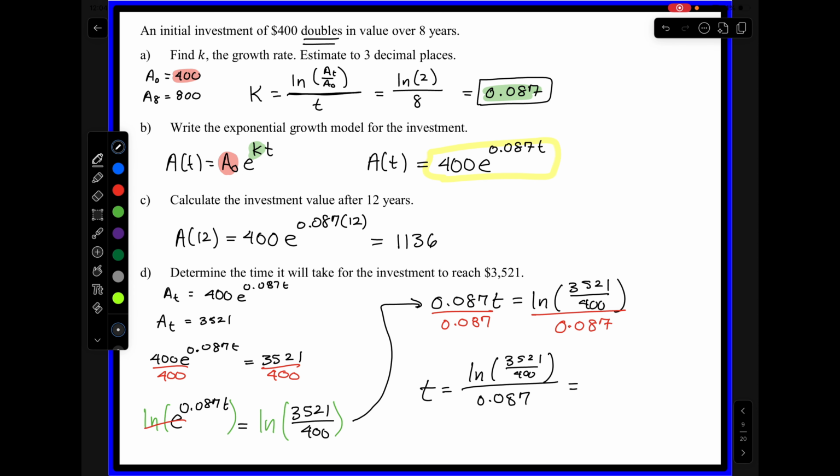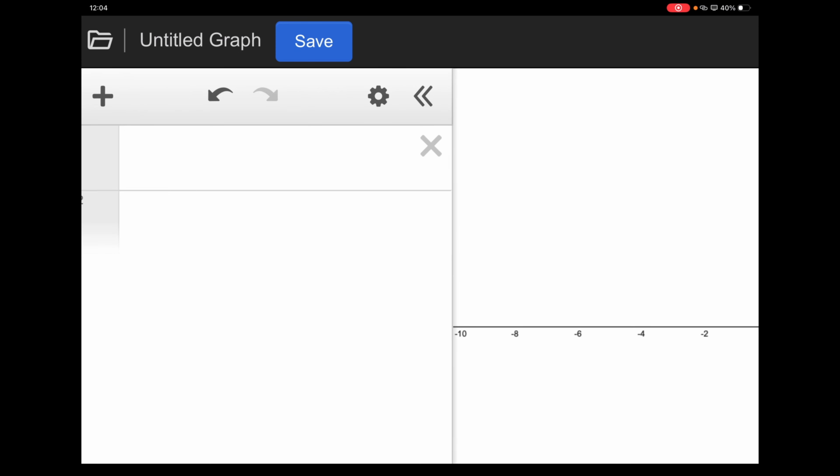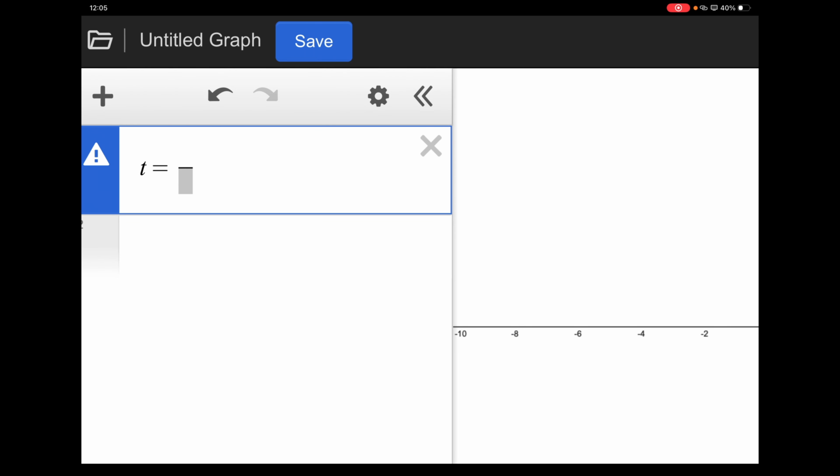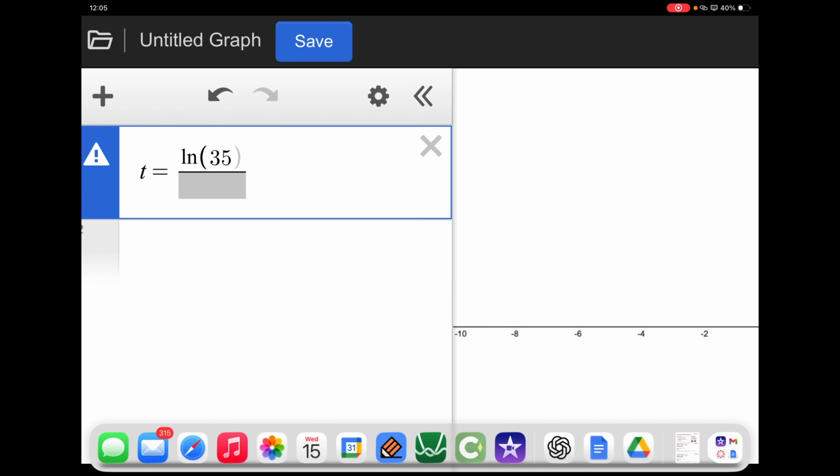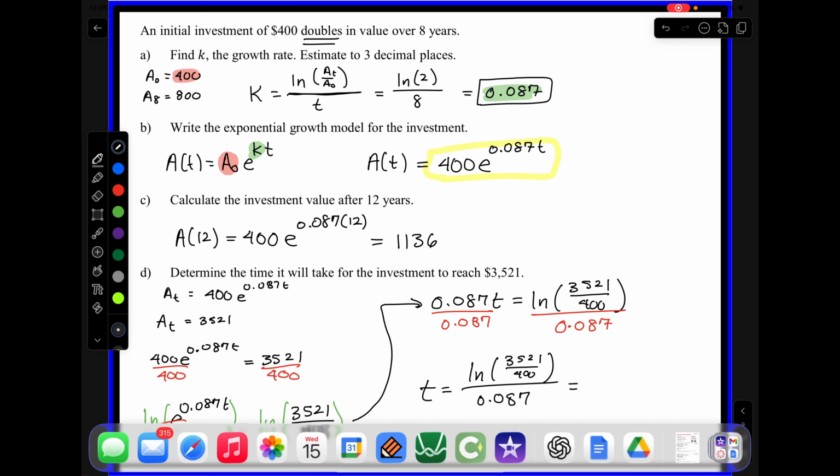The only thing left to do now is to plug it into Desmos and see what numerical value we get. So t equals, and I'm going to first click on the divide symbol because I want the natural log in the numerator. And again, I'm going to divide 3521. Let me double check. Yeah, 3521.